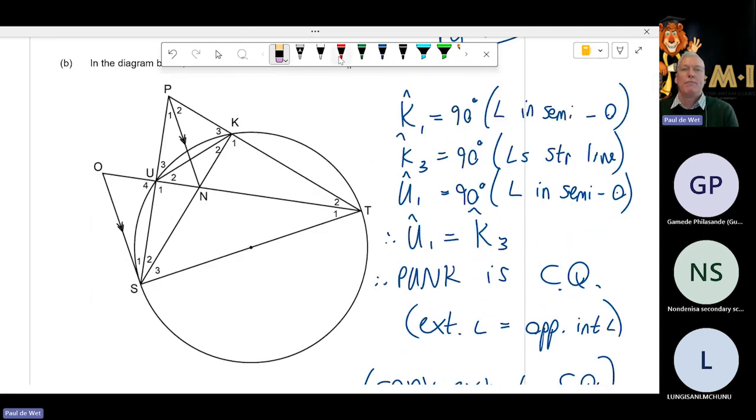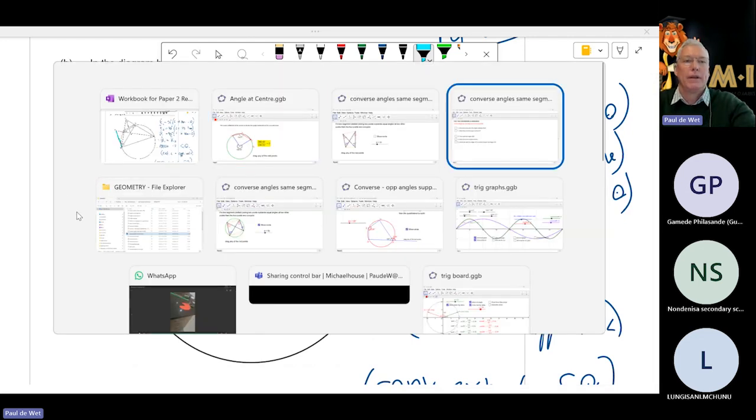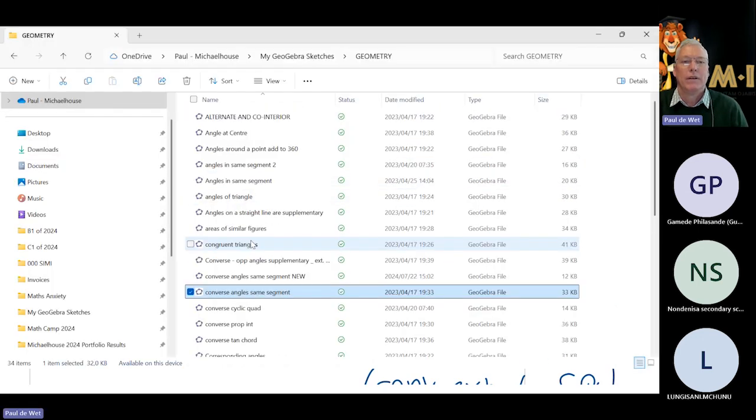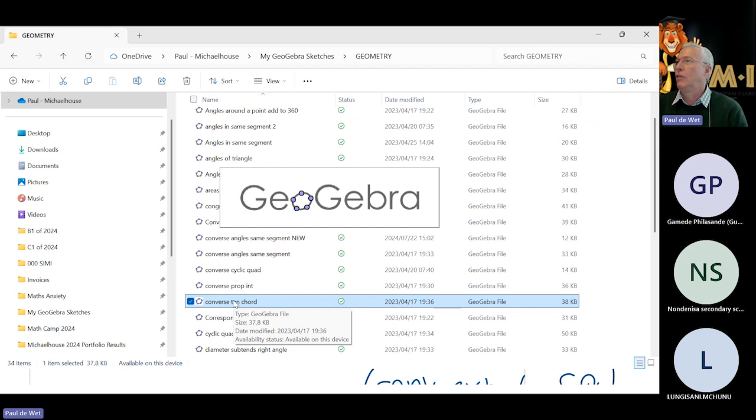So we are now trying to prove that this line here is a tangent. Who can tell me which theorem or result we are going to use to prove a tangent? Anybody? Which result? Nice and loud.